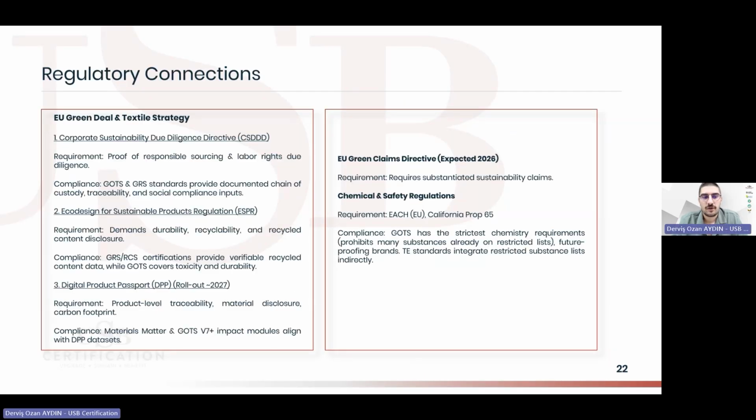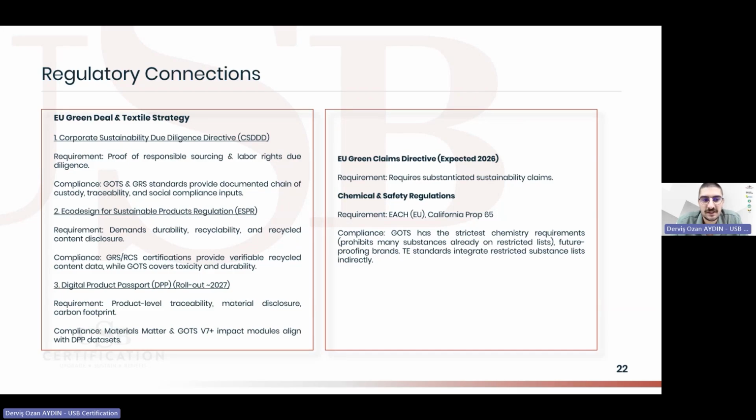So if we are going to check the standard requirements, the connections between the regulations, we can say that it's initially about the EU Green Deal and the textile strategy. These are environmental sustainability political packages.